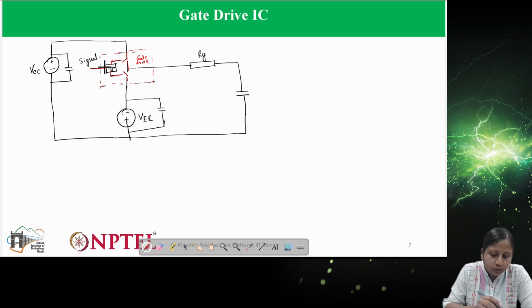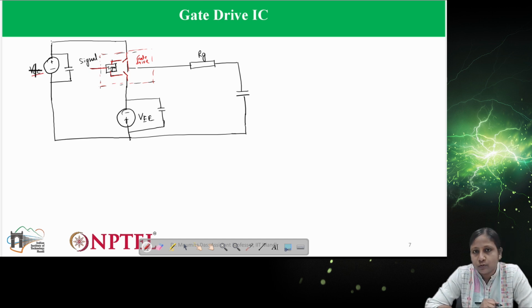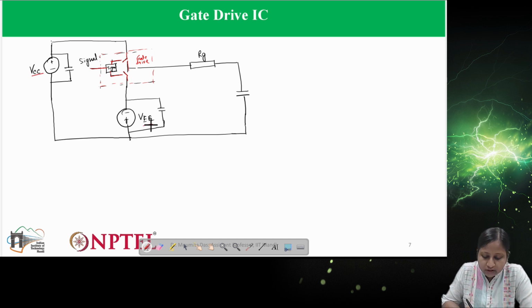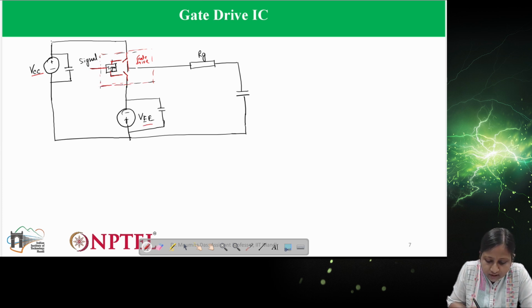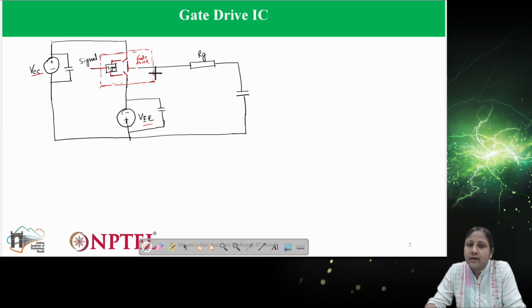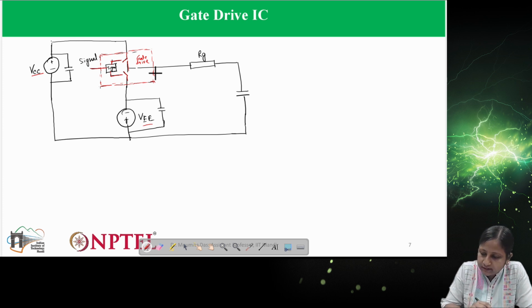If it is high, the voltage level will be with respect to VCC. If it is low, the voltage level will be with respect to VEE. These switches of this gate drive component just provide this on and off signal, and it amplifies based on the power supplies. So basically two isolated power supplies are provided here.